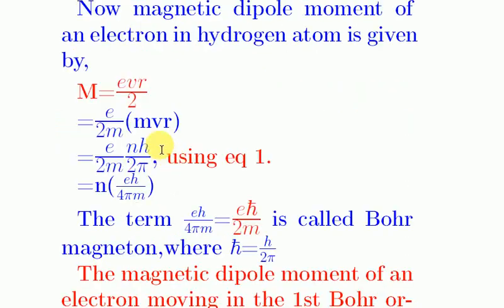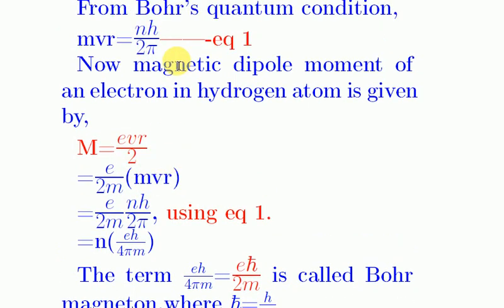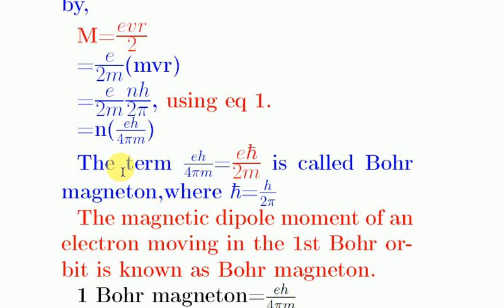So we get e by 2m times nh by 2 pi, and in the next step we can easily write small n times eh by 4 pi m.